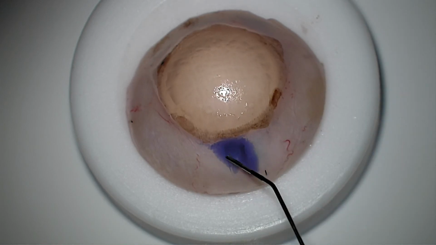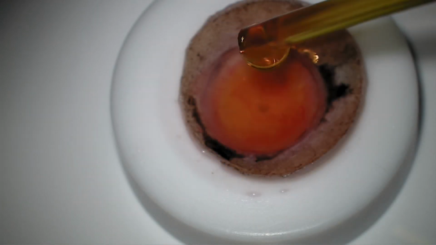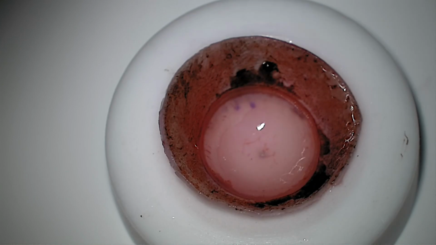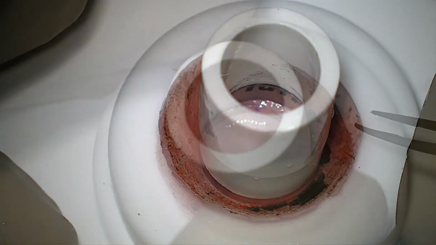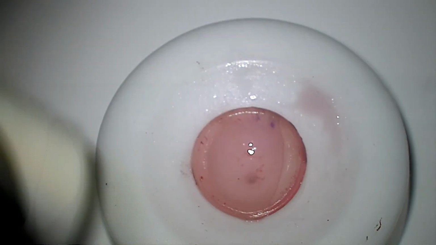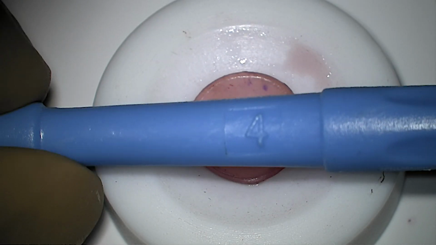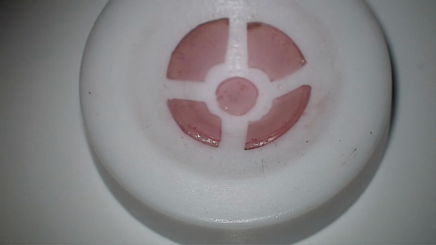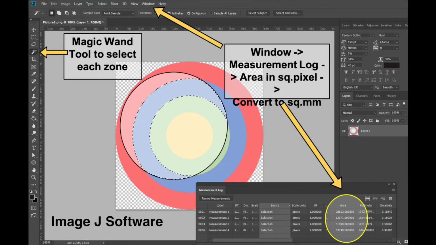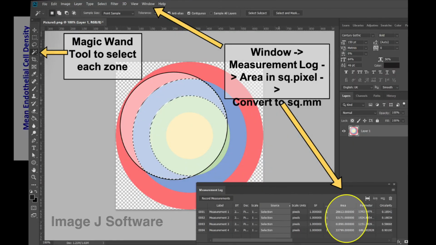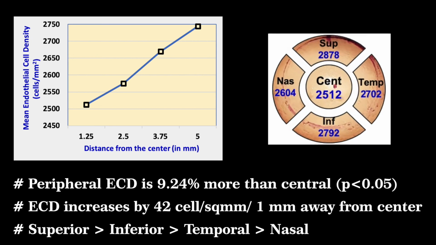So we did a little experiment of our own using alizarin stained corneas, which were then split into 5 parts, and then the microscopic photographs were taken. These microscopic images were analyzed using ImageJ software. This confirmed that the peripheral endothelial cell density is more and that the superior cornea has the highest endothelial cell density.